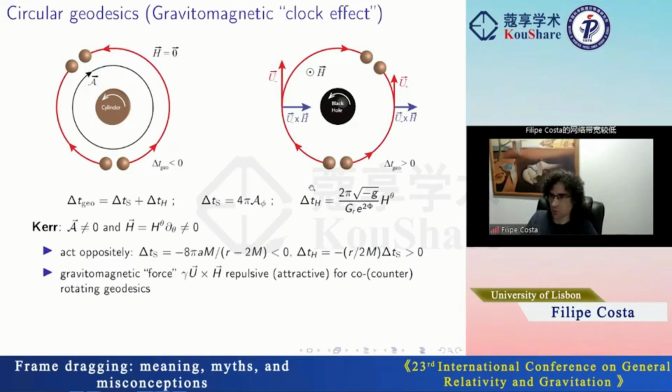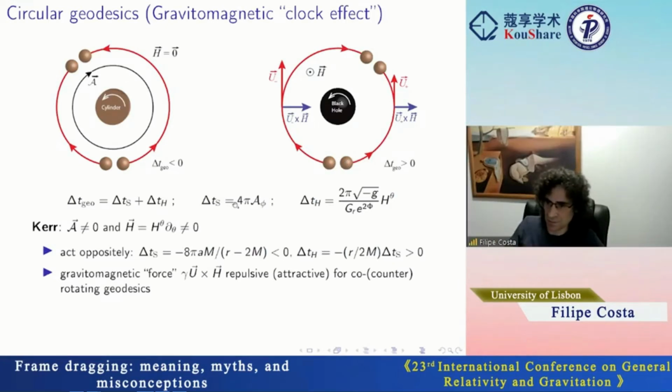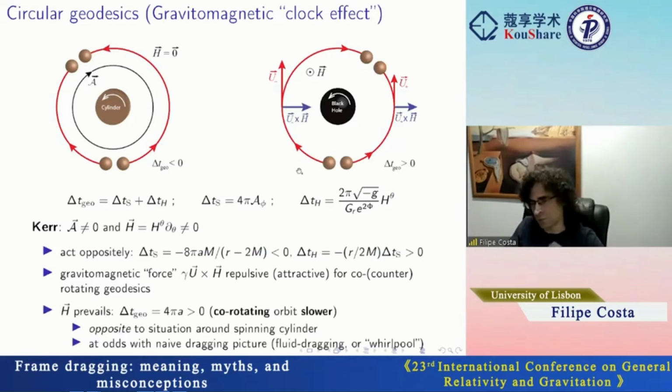The potential will tend to decrease the period of the co-rotating geodesic, but the gravitomagnetic field will do the opposite, because the gravitomagnetic force is repulsive for co-rotating geodesics and attractive for counter-rotating geodesics. And it will be the effect of the gravitomagnetic field that will win. So the co-rotating orbit will be overall slower. This is opposite to the situation around the spinning cylinder.